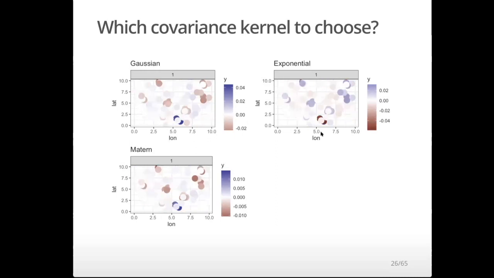And so, for example, when the exponential here is blue, it means that essentially the covariance of this collection of points is going to be higher, or those predicted values are higher than the others. In general, people refer to the exponential and Gaussian covariance kernels as being a little bit more smooth than the Matern, for example. I don't know that you can really see that with your eye, but there are some very subtle differences between the 3 different approaches.